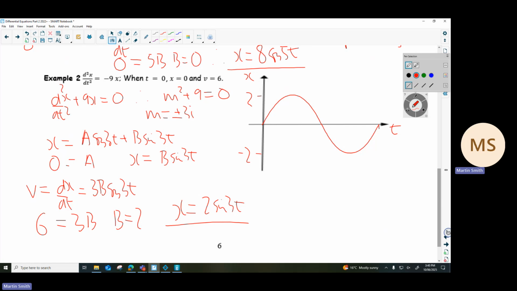This point here would be 2 pi, but you've stretched it by a third. Is 2 pi over 3. So consequently, the amplitude, the maximum displacement, is equal to 2, and the time period for this motion is 2 pi over 3.